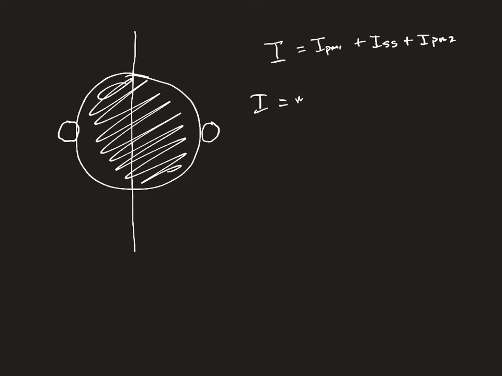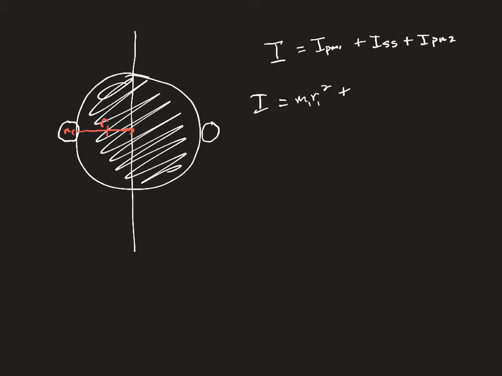So we know what the moment of inertia equation is for a point mass. And so this would be R1 here, and then mass 1. And then we need to look up the moment of inertia equation for a solid sphere. So I'm looking over here at my moment of inertia equations that are linked in Blackboard.